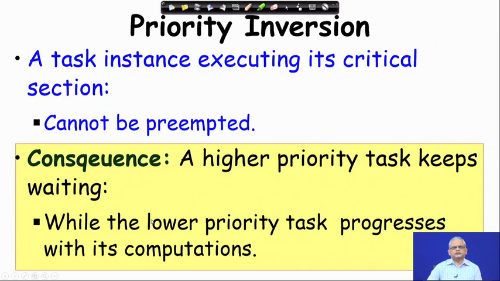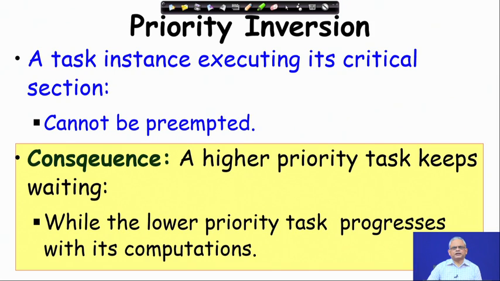So, this situation is called priority inversion, and let me just summarize it again, because it is an important concept. The term priority inversion implies that when a low priority task is executing its critical section and a high priority task that is ready keeps on waiting until the low priority task can be preempted.